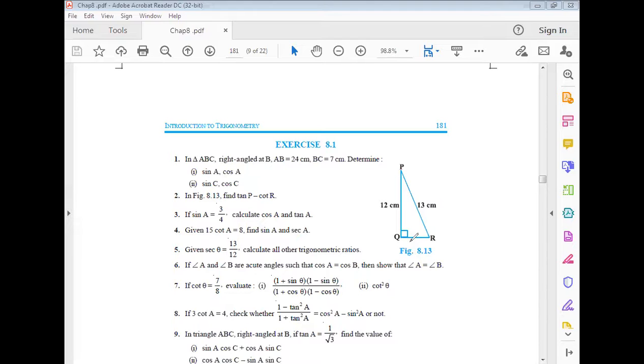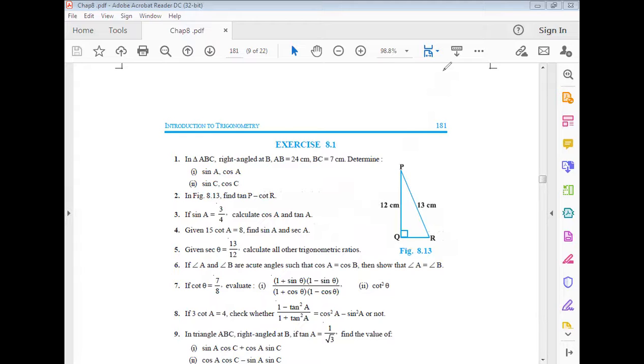Here we can use Pythagoras theorem and find QR. 13 square is 169 minus 144, that is 25. And then we get QR as 5 centimeter. And you can easily calculate tan P and then cot R and find out tan P minus cot R.